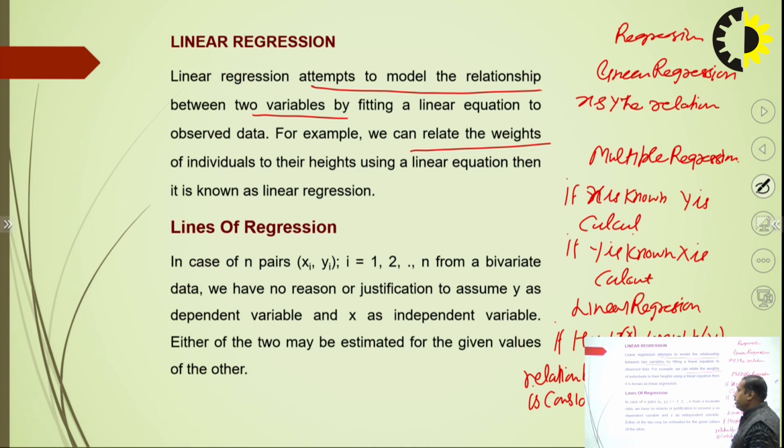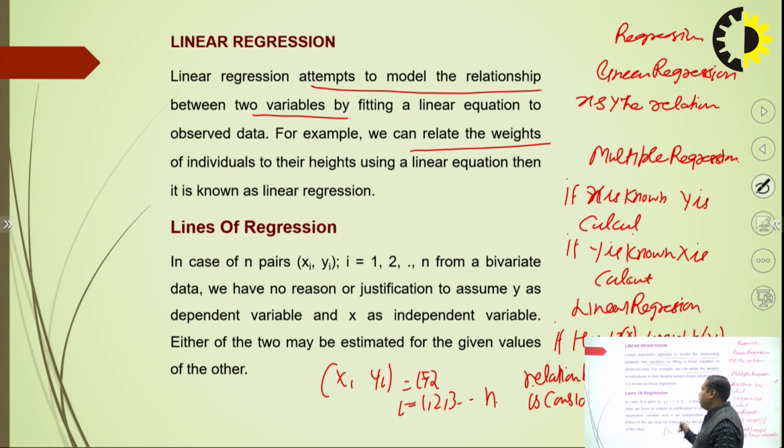Lines of regression: if there are (xi, yi), where i equals 1, 2, 3, 4 up to n, this is bivariate data. We are using the word bivariate data, that means a pair of ordered pairs. Written in ordered pair form, x and y, for example x is 2 and y is 3, then 4 and 5.